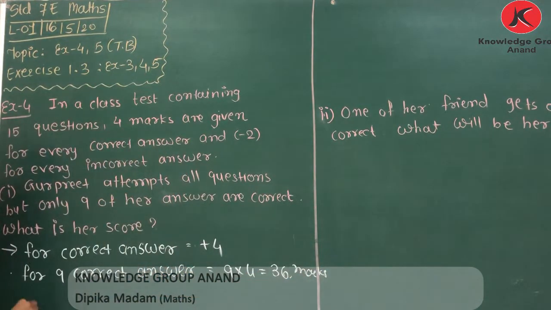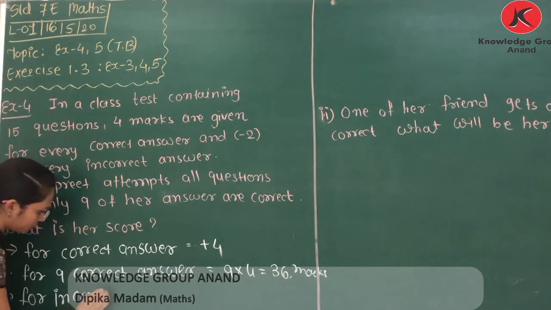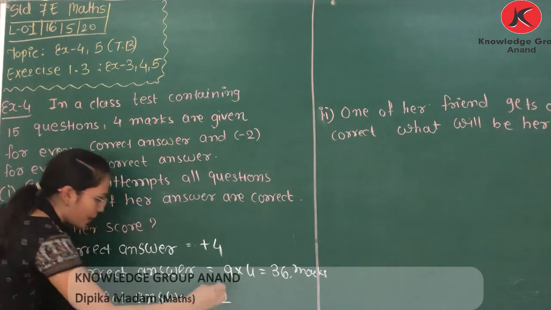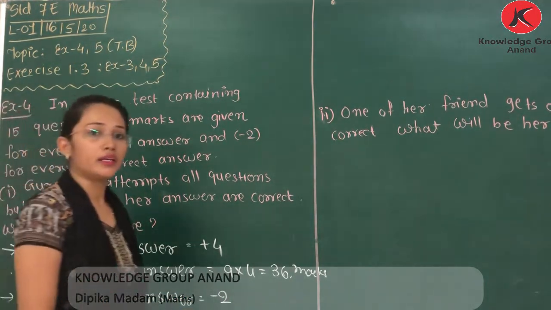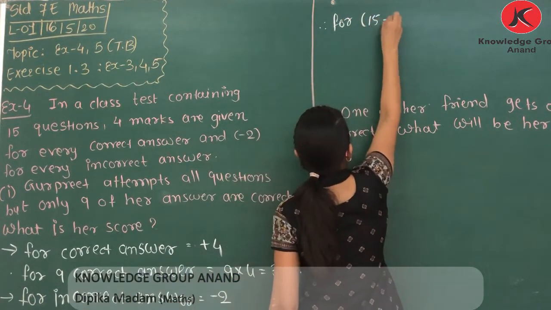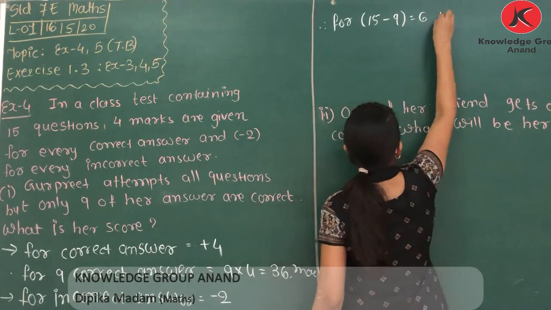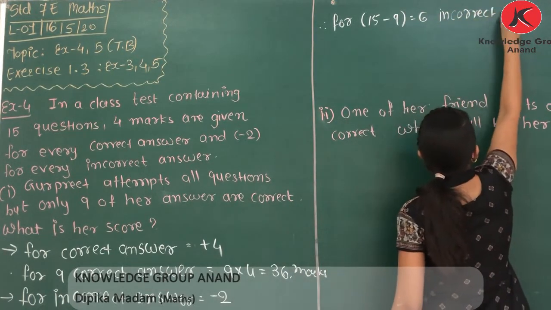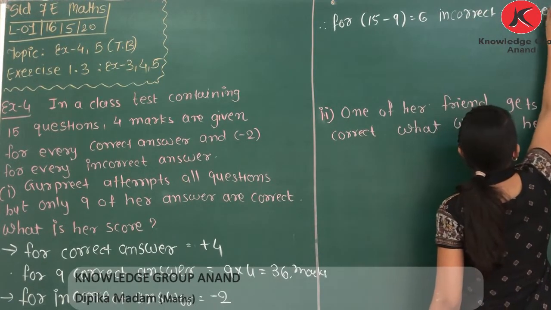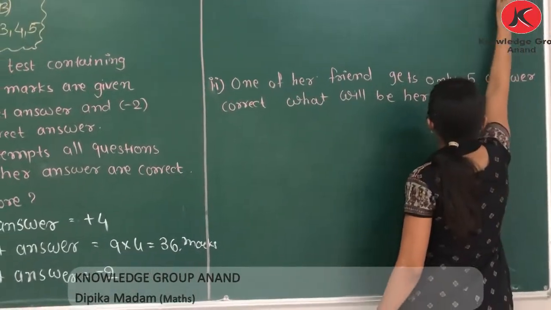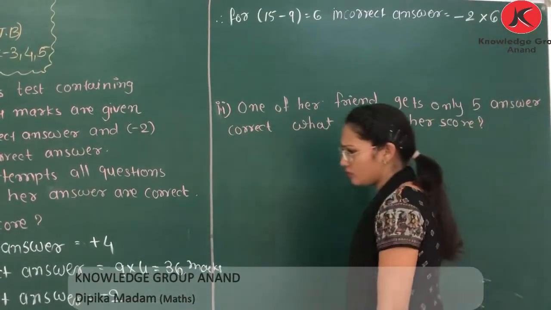Now for incorrect, -2 marks. How many incorrect answers? 15 minus 9, that is 6 incorrect. -2 multiplied by 6, that is -12 marks.